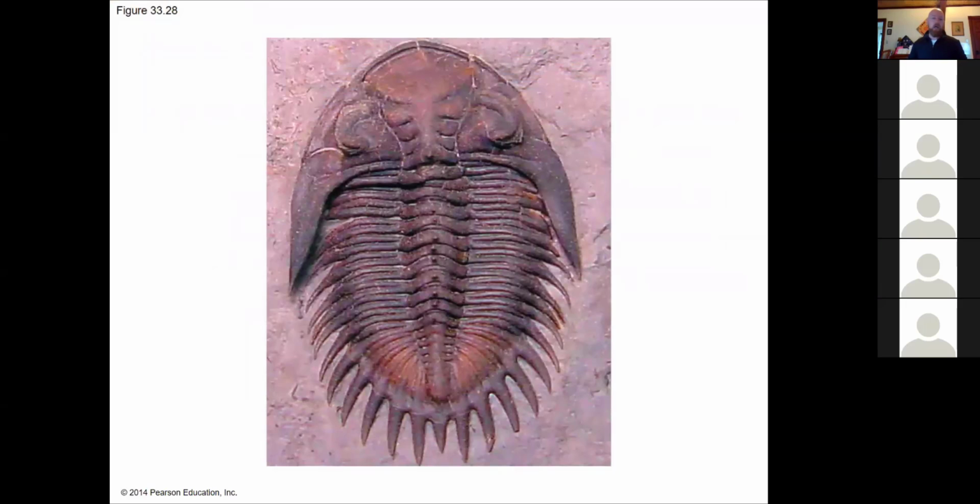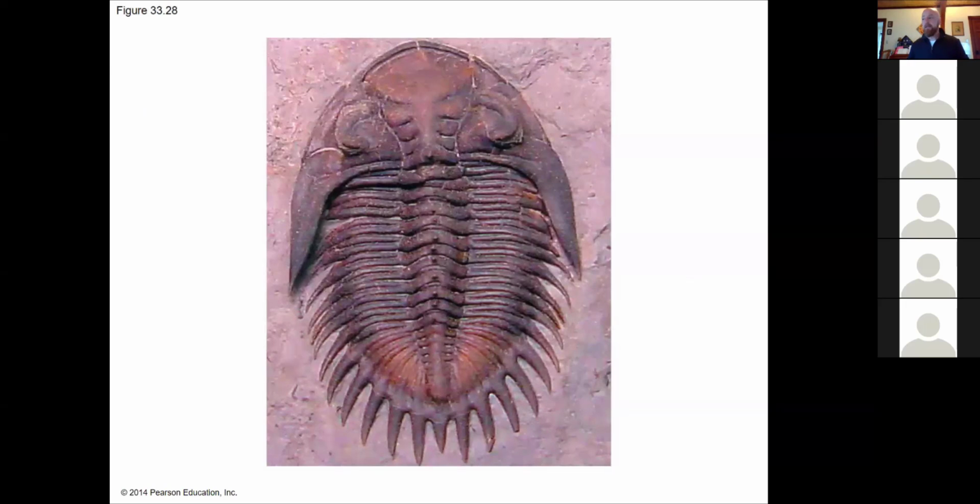So here is a trilobite. They have 3 basic regions. They have the head region, they have this middle part made of a lot of repeated segments, and then they have this tail piece that's a bunch of segments fused into one chunk. So not a whole lot of differentiation other than having a very distinct head region with sensory organs and a mouth.